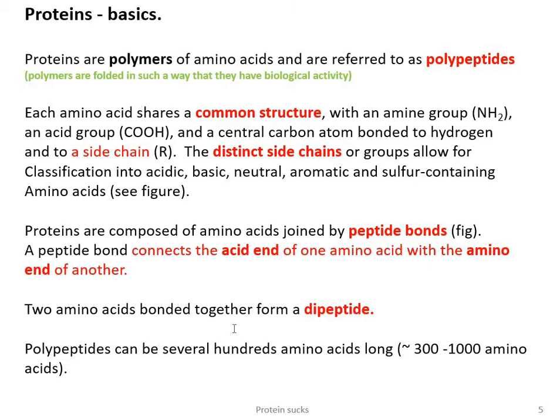You can also form oligopeptides, meaning oligo means just a few, so it can be maybe 5 or 6, maybe 10 amino acids become oligopeptides. More than 10, you start to form polypeptides. Even though polypeptides can be longer than 10, can be up to 300 or 1000 amino acids.